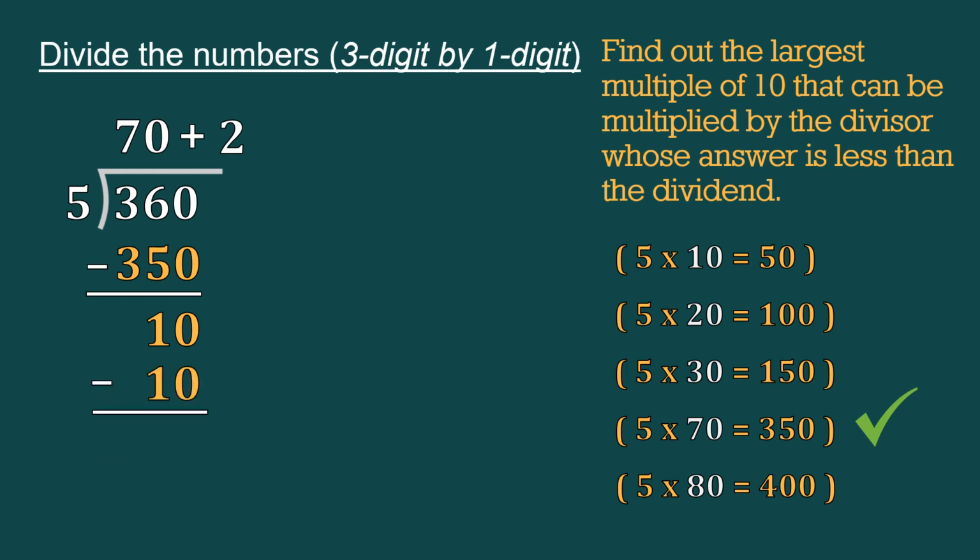It is equal to 0. Now, we get the sum of the partial quotients. 70 plus 2 is equal to 72. 72 is the quotient.